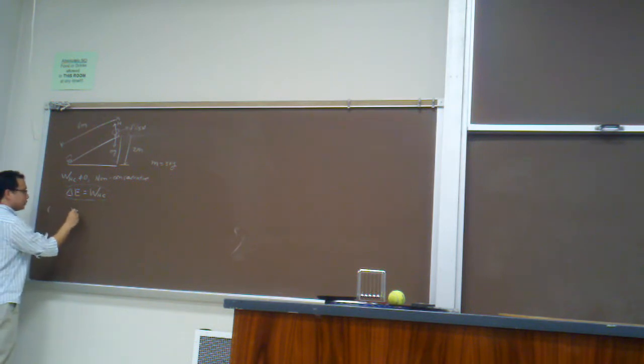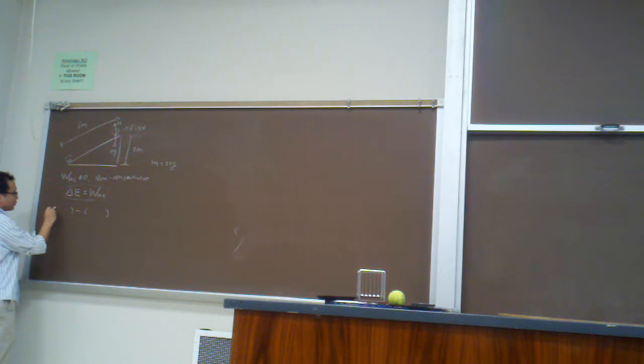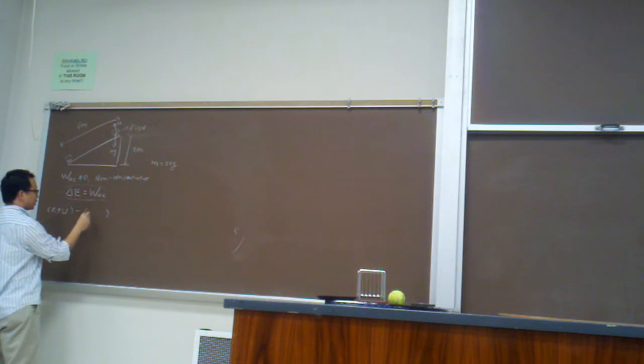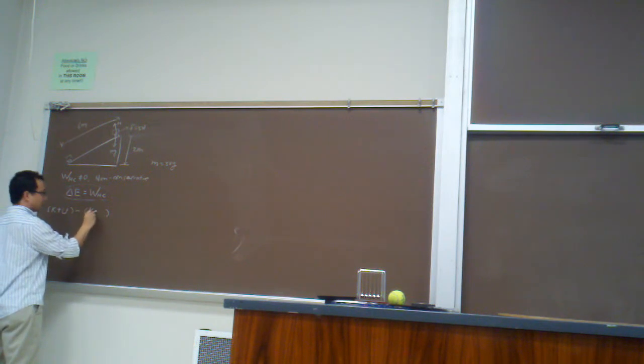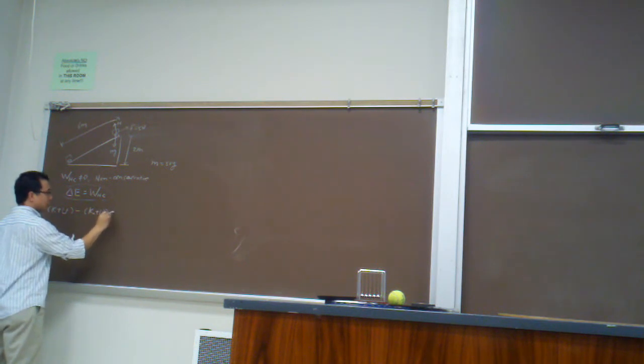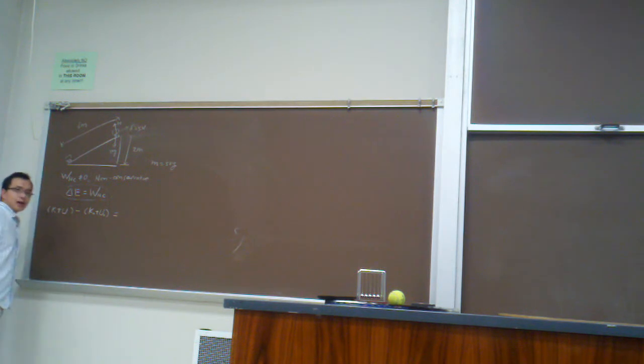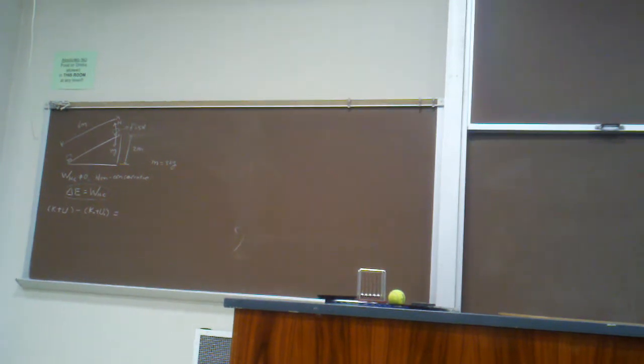The final mechanical energy is final K plus final U, and the initial mechanical energy is initial K plus initial U, equals W_NC, the work done by all the non-conservative forces.